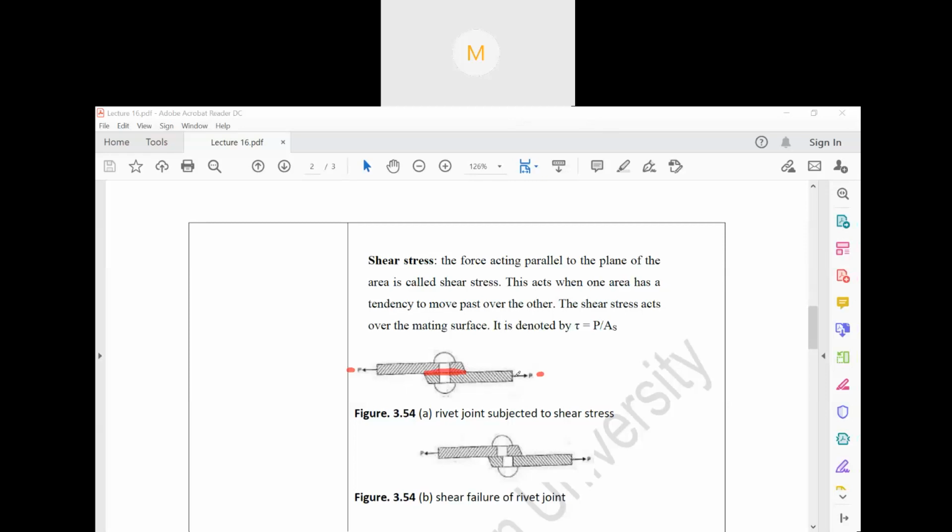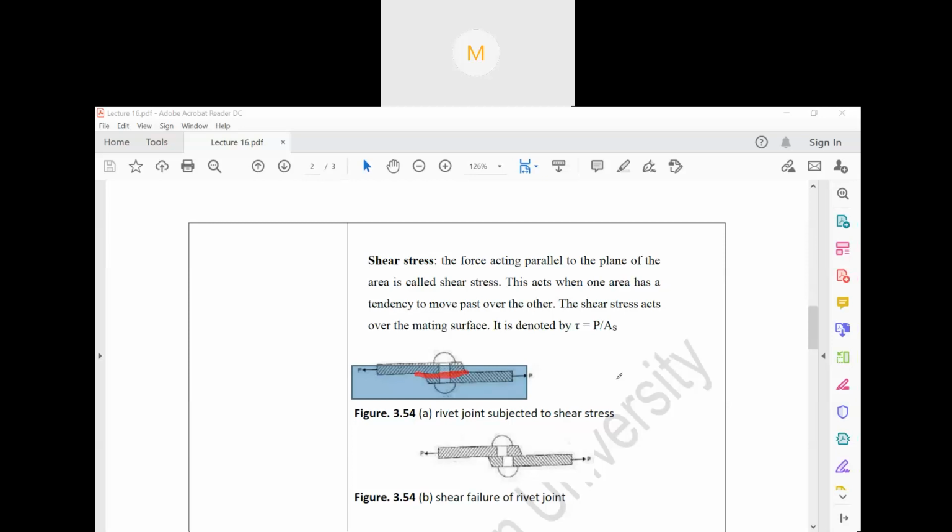Now if this has a tendency of tearing this whole thing apart, then what will happen? Eventually this thing will be torn up. This thing will get torn up and there will be deformation along this plane.